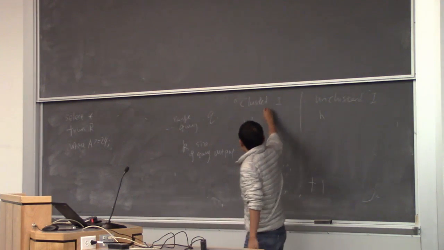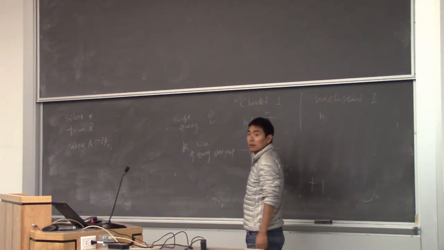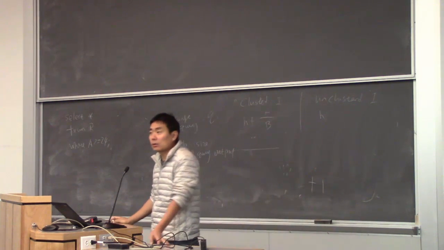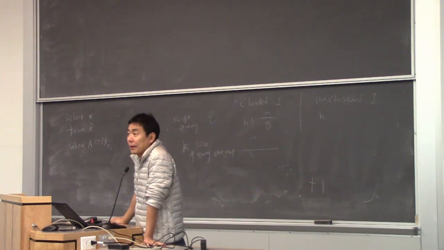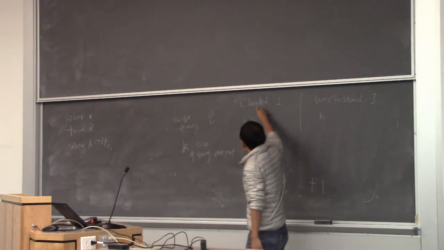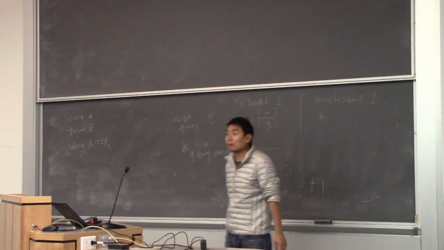Then this becomes K divided by B, where B is the number of records you can hold on a given page. Does that make sense? And of course, to be precise, in the worst case you take the ceiling of this.